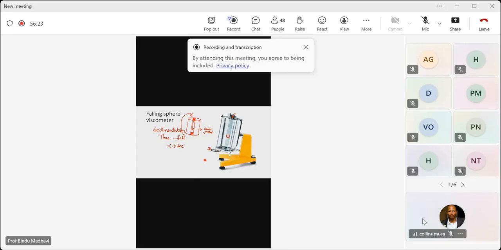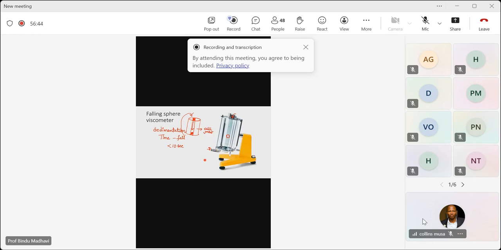So that care we are supposed to take when we are using the falling sphere viscometer.